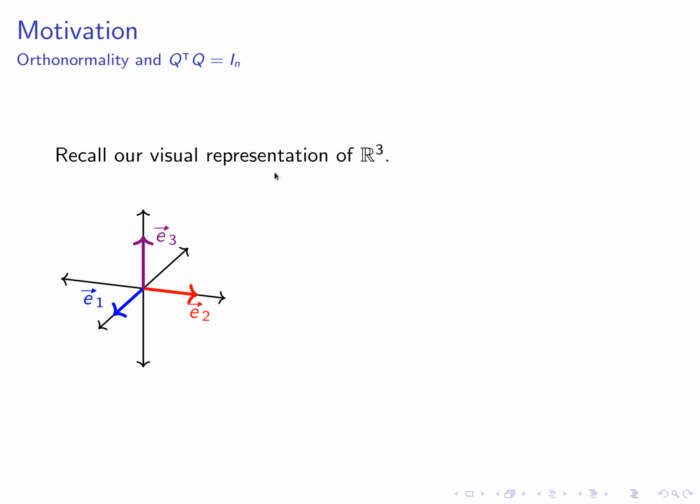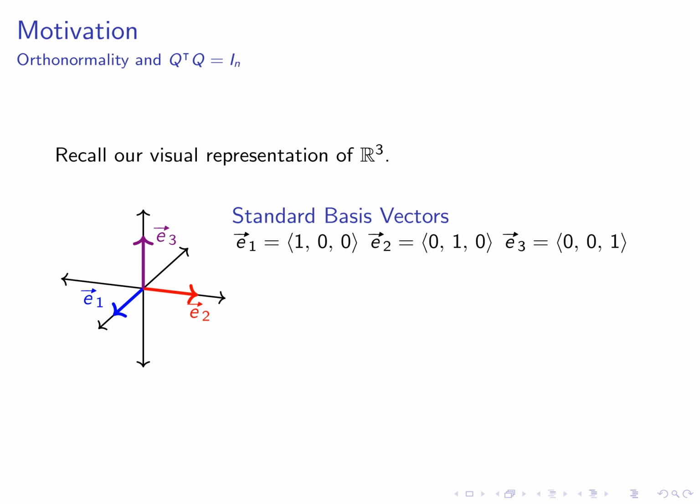So remember our visual representation of R3, where we have our three-dimensional axes, and each axis is spanned by one of the three standard basis vectors. So here we have E1, E2, E3, and these represent the three columns of the 3 by 3 identity matrix. E1 is the vector 1, 0, 0, E2 is the vector 0, 1, 0, and E3 is the vector 0, 0, 1.